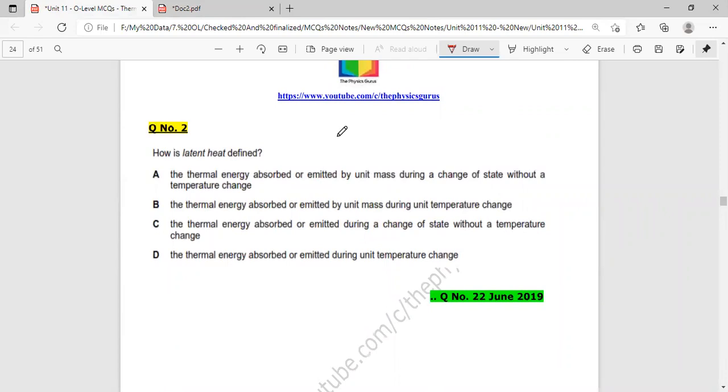How is latent heat defined? So recall the definition of latent heat and then guess which can be the correct answer.